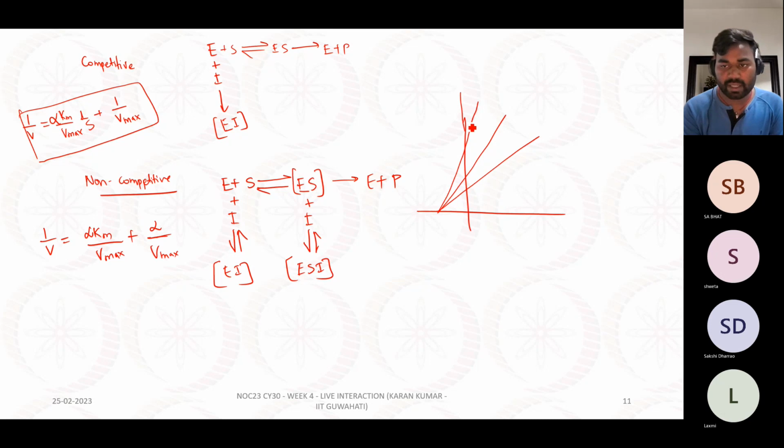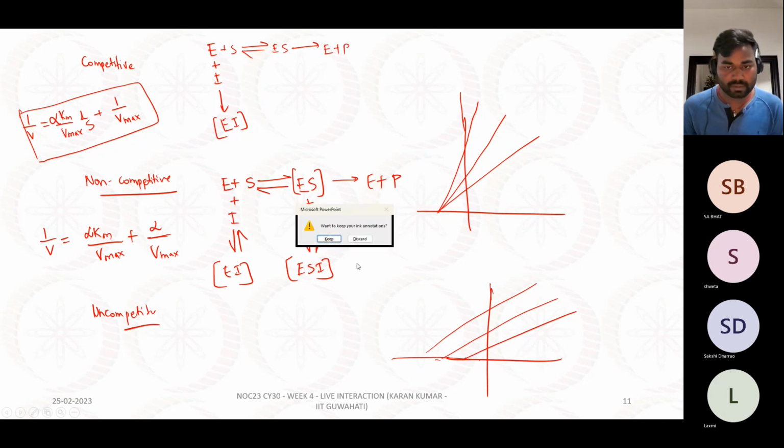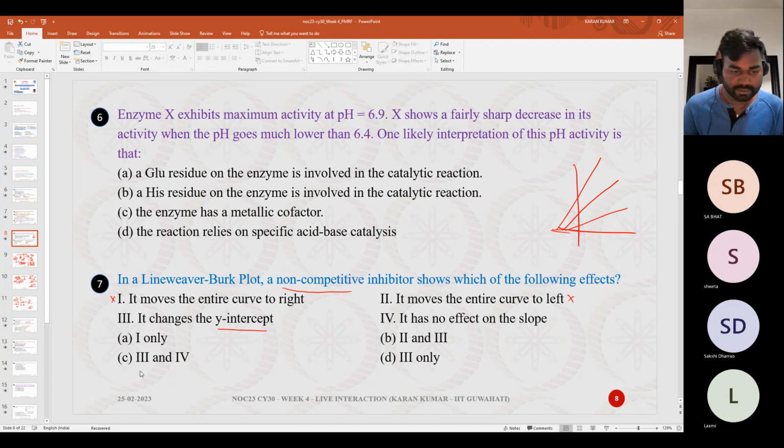This is alpha Km. Your intercept will change, but it will not have an effect on the slope. In case of uncompetitive, you will get parallel lines. So your correct answer will be option 3.